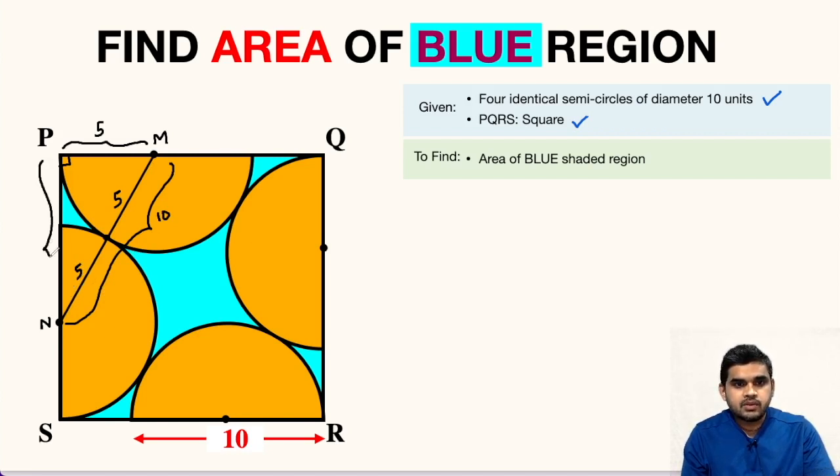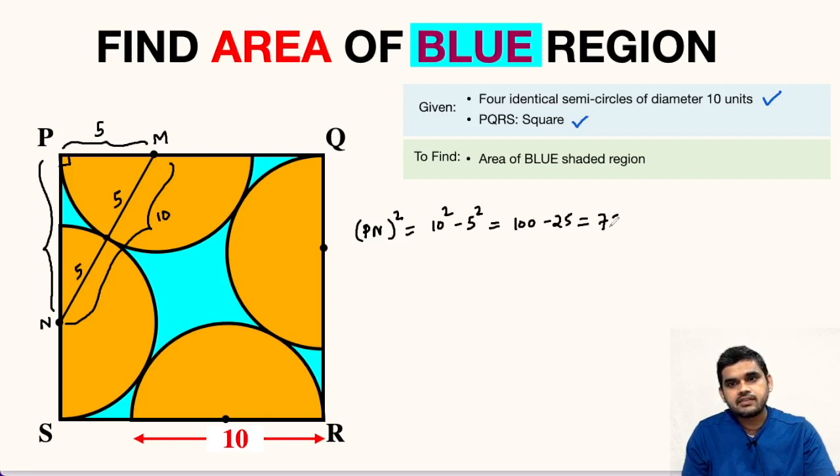Now what about PN? PN we can find using the Pythagorean theorem. So PN square will be 10 square minus 5 square, that is 100 minus 25, 75.